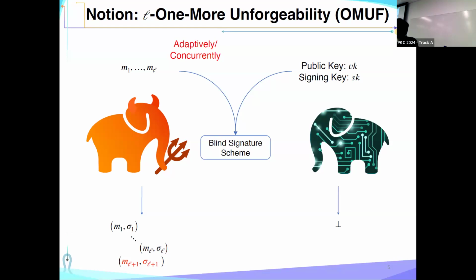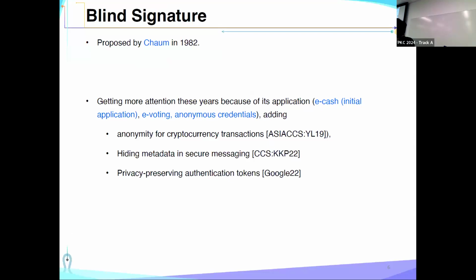And one more unforgeability makes sure that the voter cannot cheat in the voting system. It also has other applications like anonymous credentials, privacy-preserving authentication tokens, and hiding metadata in secure messaging.